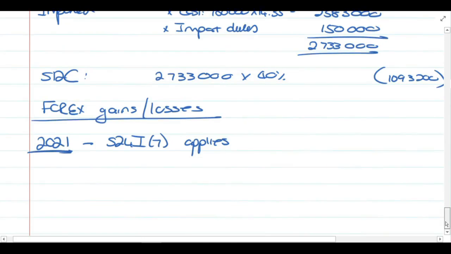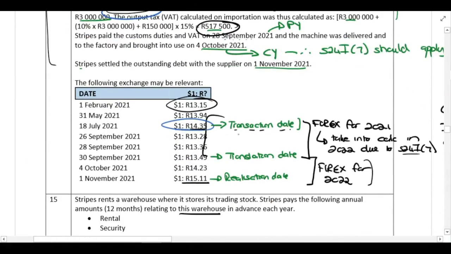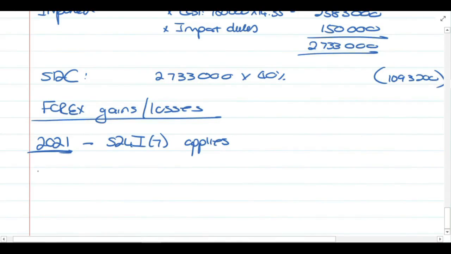Section 24I7. Always be on the lookout for that. Let's see if we had a gain or a loss. We do it from transaction date to translation date. On transaction date, we believed we would spend 14.35. But now we see we're only going to spend 13.49. Does it make you feel good or bad? Pretty good. That's a forex gain.